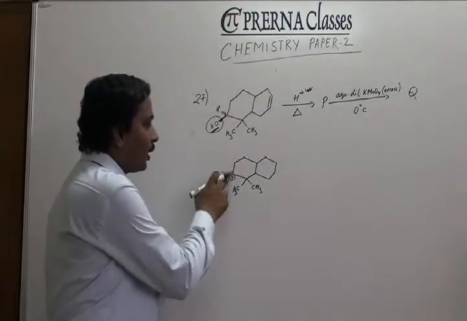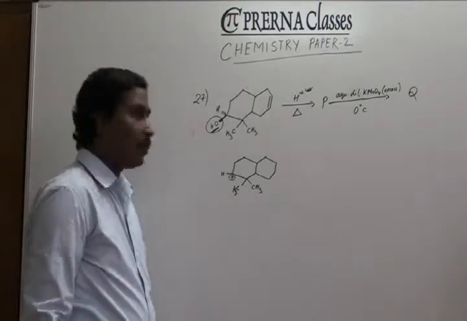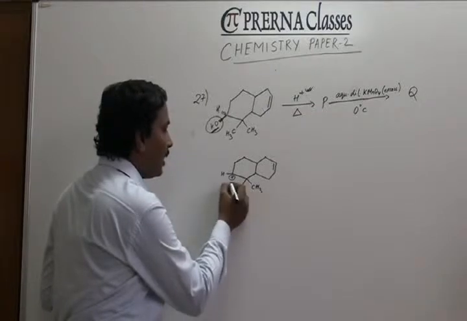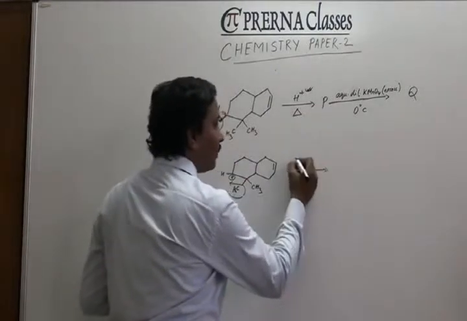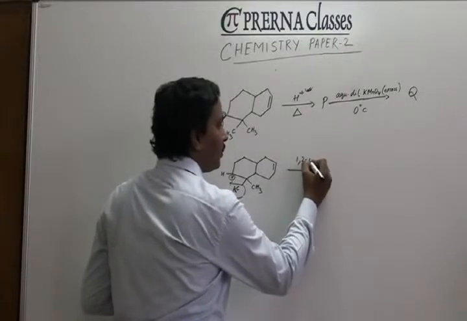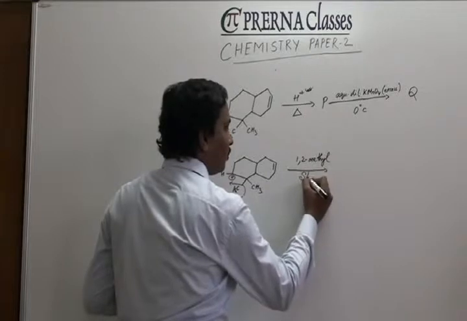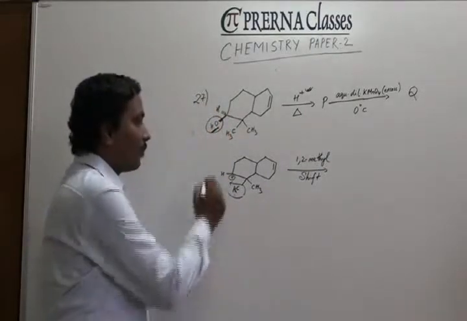Now it is a 2 degree carbocation. 3 degree is more stable than 2 degree. So there is a possibility of methyl shift. So we can say a 1,2 methyl shift takes place for formation of 3 degree carbocation.